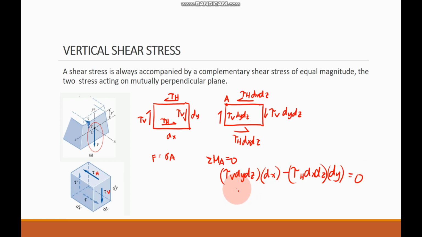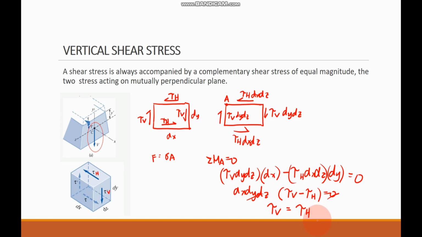Common term, they have dx, dy, and dz multiplied with the vertical shear stress minus horizontal shear stress is equal to 0. So cancel this one. Therefore, it will yield that our vertical shear stress is equal to our horizontal shear stress.